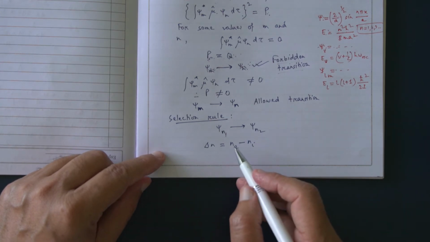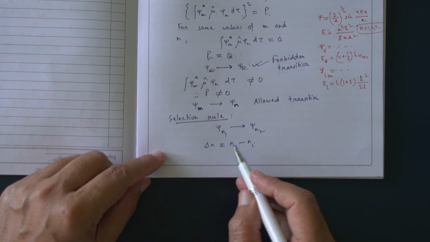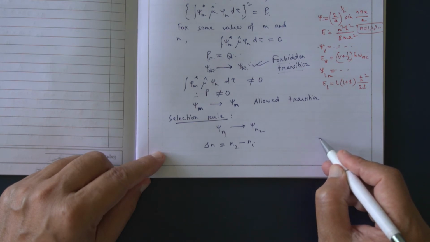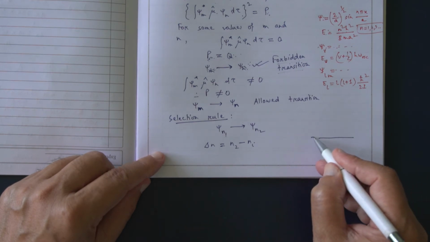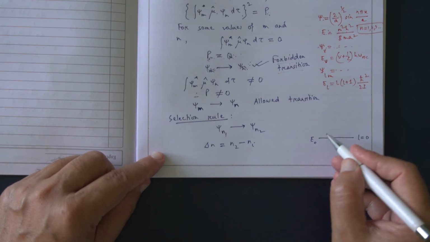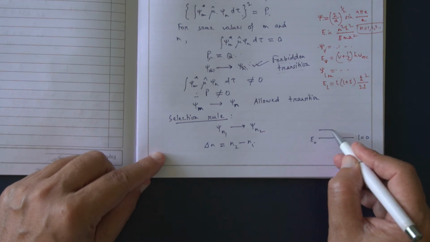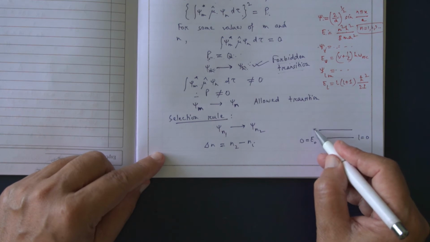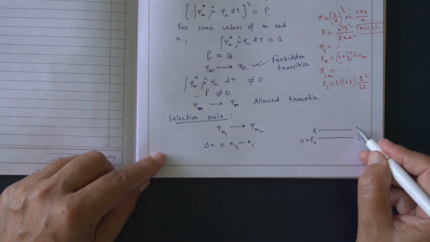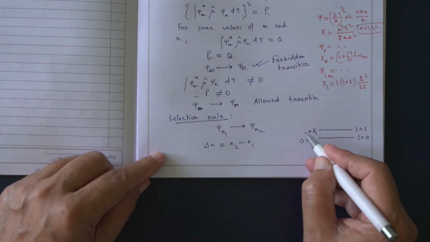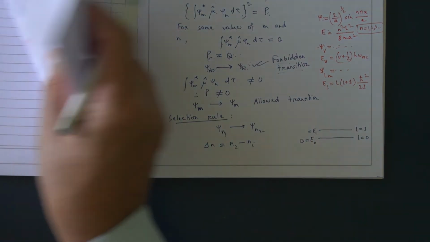Now, let me take one example. So this is a rigid rotator. This is rigid rotator energy. This is energy for L equal to 0, energy 0, and this is E1 for L equal to 1. I discussed this last time.